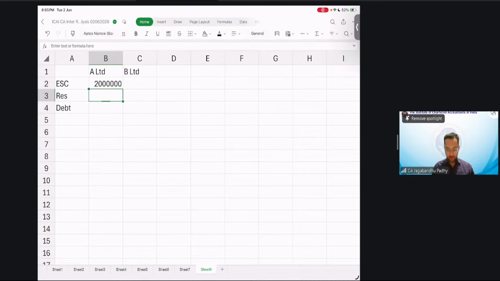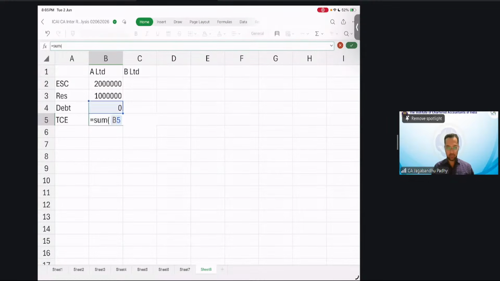So equity share capital 20 lakhs, reserves 10 lakh, debt is 0, total capital employed is 30 lakhs, and here it is 10 lakh, 10 lakhs.